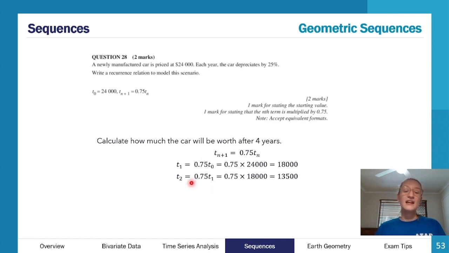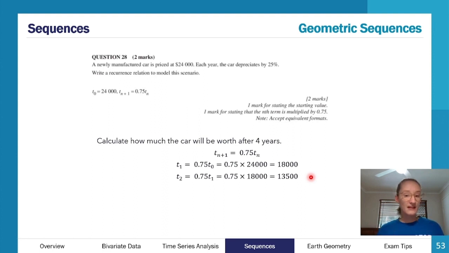T2, same thing, except after 2 years, it'll be worth 75% of what it was worth after 1 year. So we're going to do 75% times the value after 1 year, $13,500. Our car's dropped in value by $4,500.